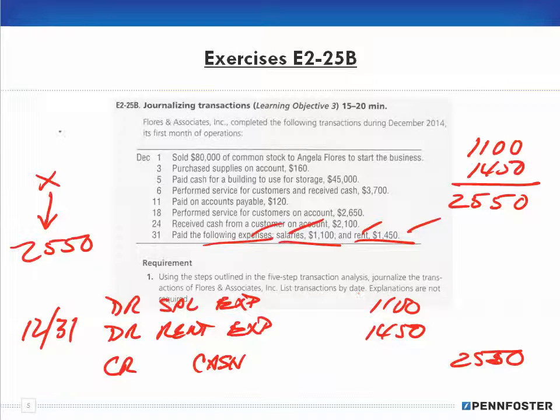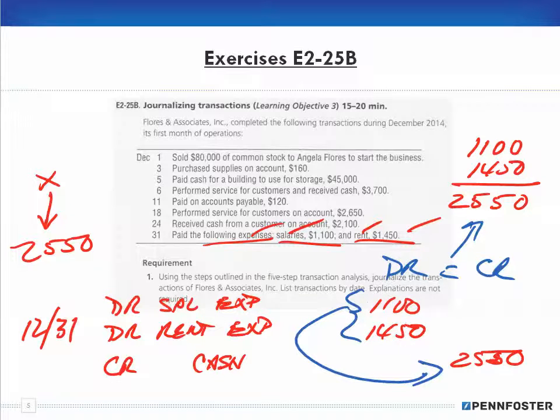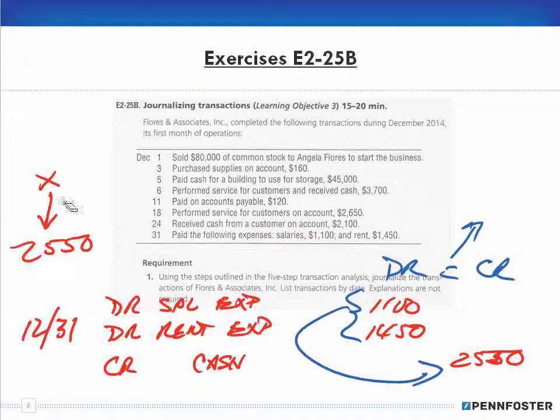Notice that the sum of these two, which is what we did in the math here, means my debits equal my credits, because the sum of those two is that amount there. So what I've done is I've created a 3-line entry instead of a 2-line entry.